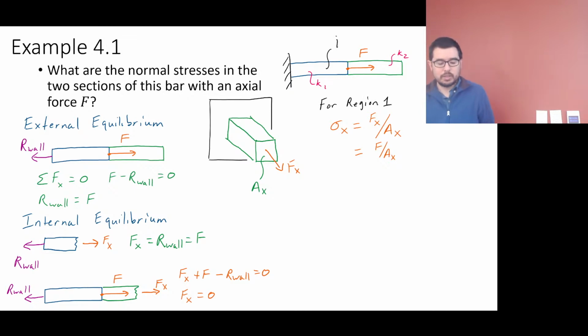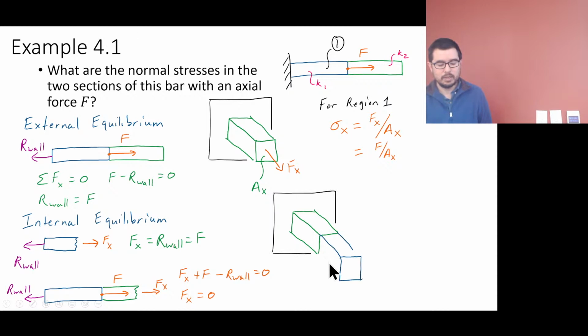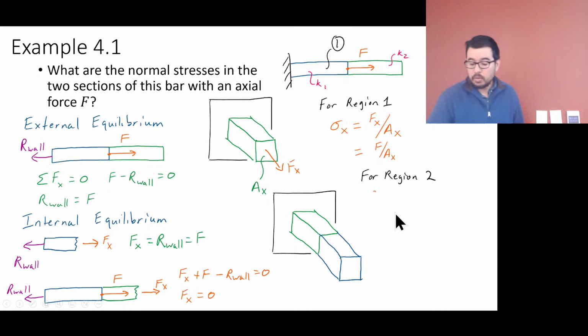And for region 2, we can add a little bit more to this beam right here. I could have made these squigglies so you know that they're internal cuts. And for this second region, sigma x is going to be equal to Fx over Ax, but Fx in this case is equal to 0.